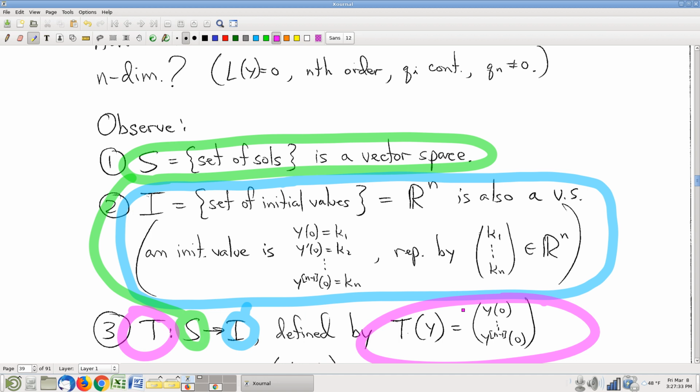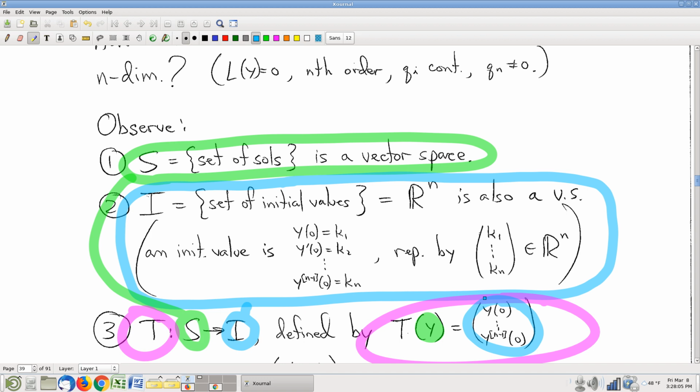If you give me a solution to the differential equation, compute the corresponding initial values. If you give me a function, you can plug in x equals 0. You can take various derivatives into which you plug in x equals 0. You can assemble those into the initial condition that produced that solution. Okay. Real easy little formula there.